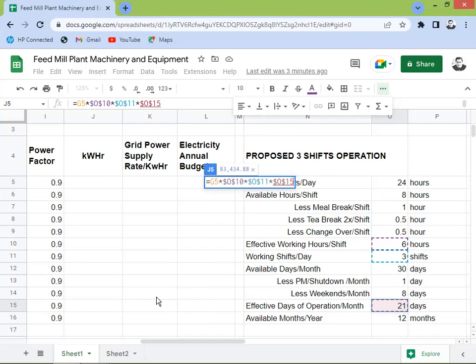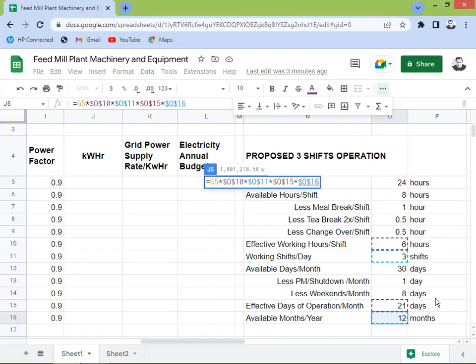It's up to the company anyway, whether they let the people work on holidays. But in this exercise, I'm just assuming that we're going to operate the plant in 12 months, in 1 year. So again, multiply by this one, 12 months. Again, press F4 on your keyboard.